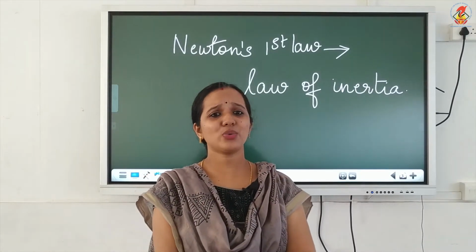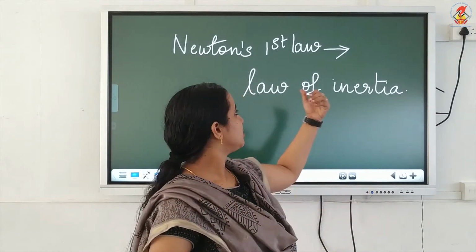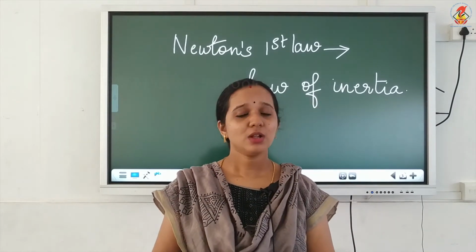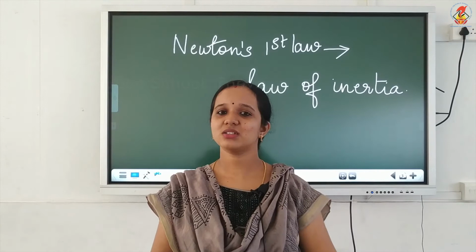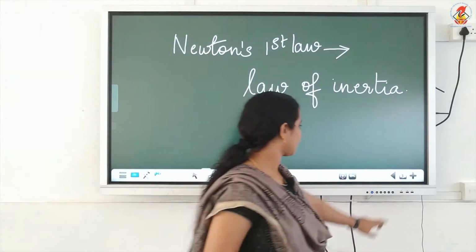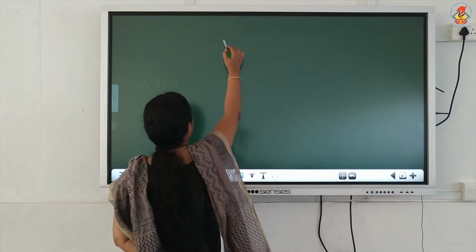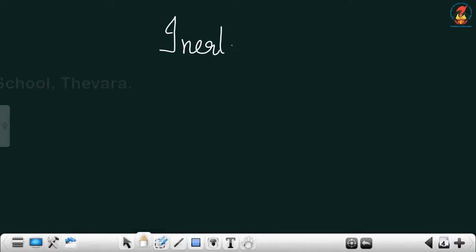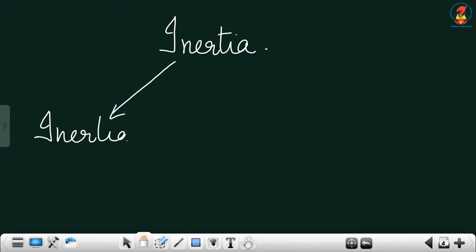So, now we spoke about inertia and Newton's first law. Now, let us see the three types of inertia. Inertia is of three types. First one is inertia of rest.